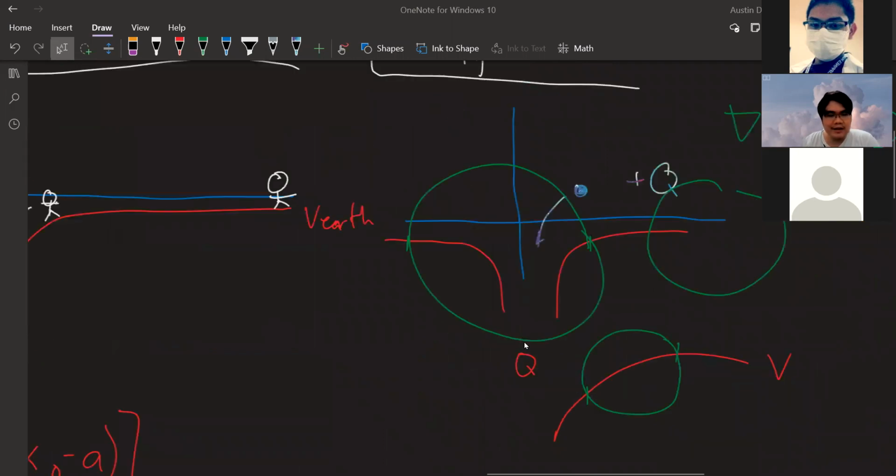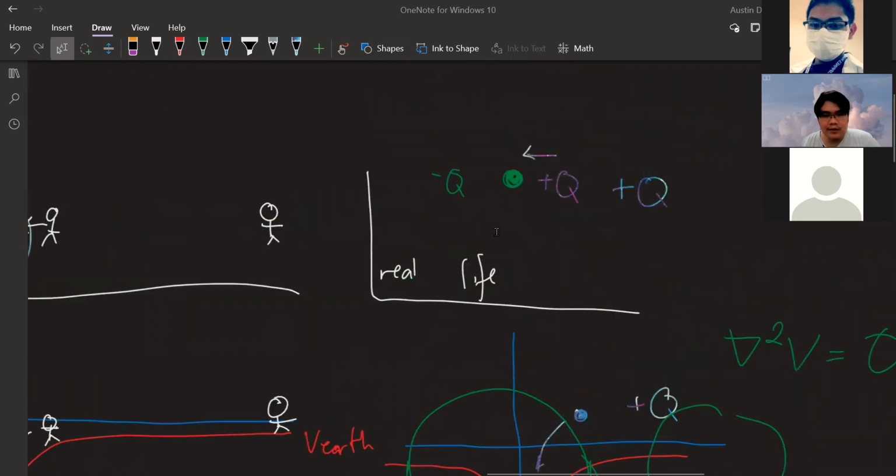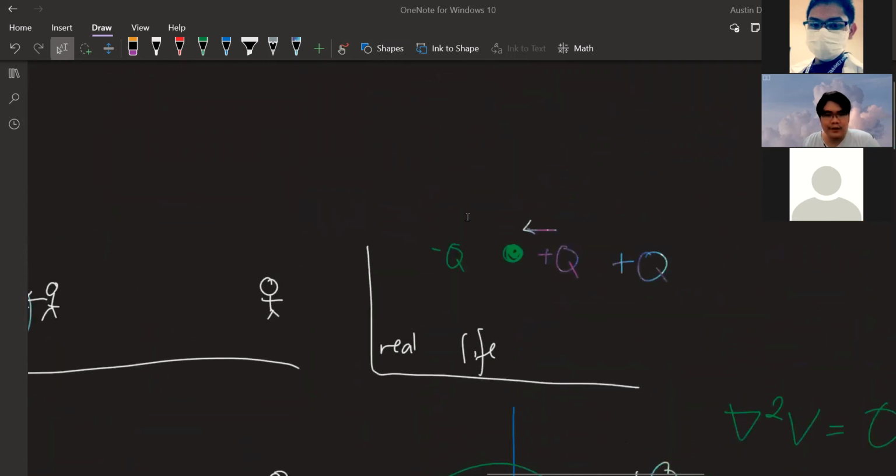Ang potential, for a single charge Q, or negative Q, yung potential nito, kung kabisado ninyo, will be V of X is just equal to 1 over 4 pi epsilon naught, negative Q over X. Ito yung one-dimensional niya.